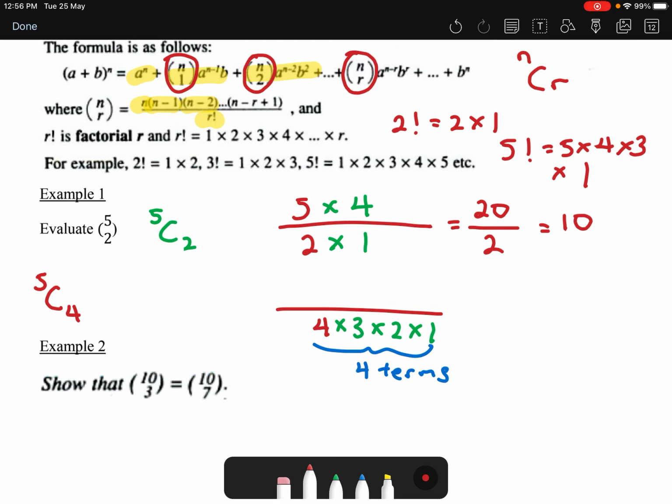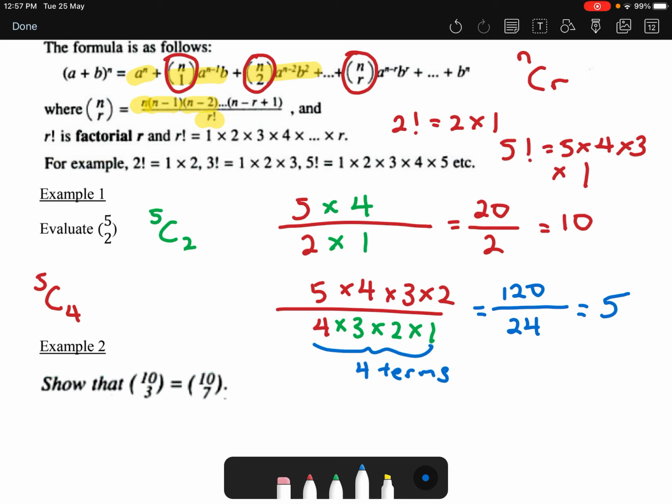The top will be 5 multiplied by 4 multiplied by 3 multiplied by 2. Every term is 1 less than the previous term. Evaluating, the numerator is 20 times 3, 60, 60 times 2, 120. At the bottom is 4 times 3, 12, 12 times 2, 24, 24 times 1 is 24. So 120 divided by 24 gives you 5.